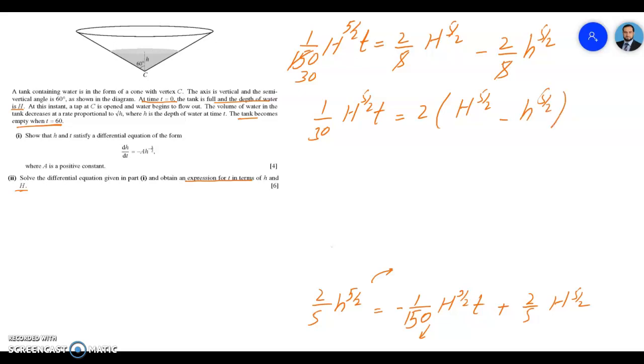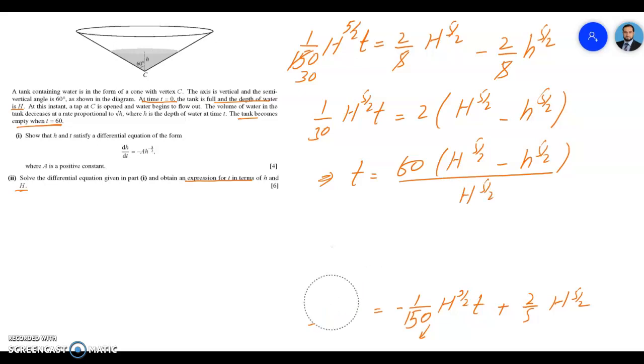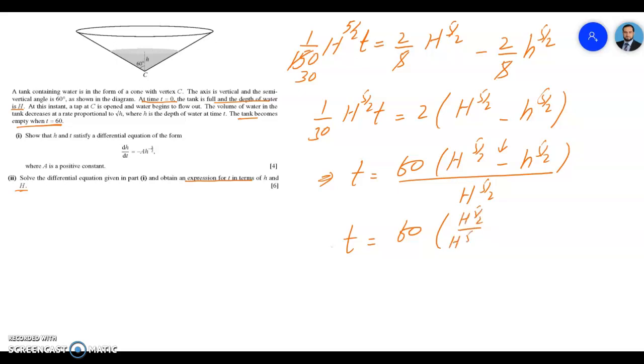When we multiply this 30 to the other side, we get t is equal to 60 times H to the power 5 by 2 minus h to the power 5 by 2, over H to the power 5 by 2, which will divide on this side. Now once we simplify further, t will be equal to 60 times, since this is divisible by both of them, H to the power 5 by 2 over H to the power 5 by 2 minus h to the power 5 by 2 over capital H to the power 5 by 2.